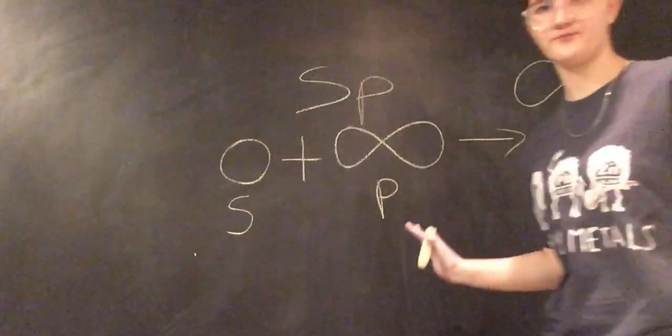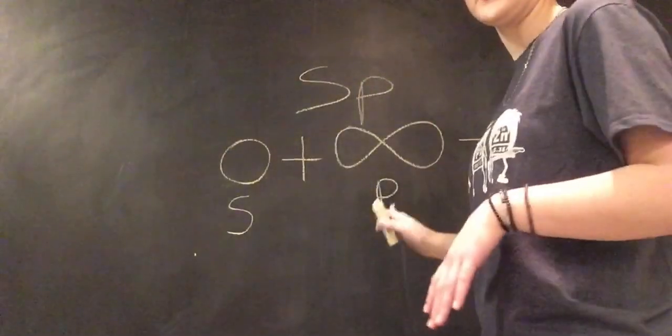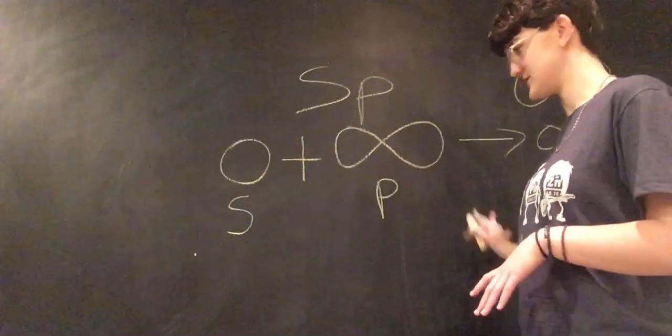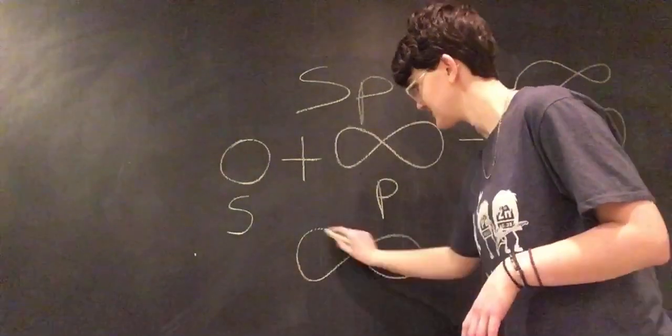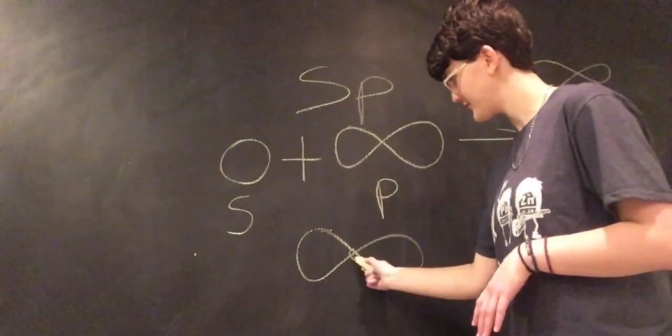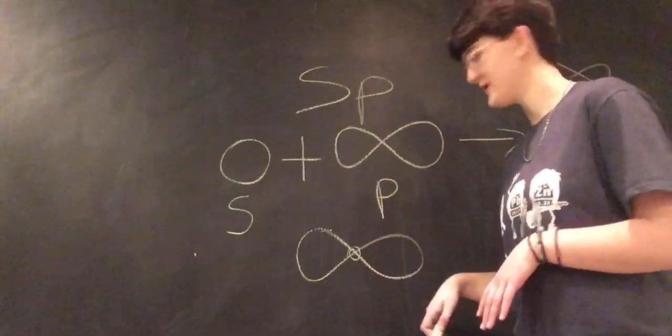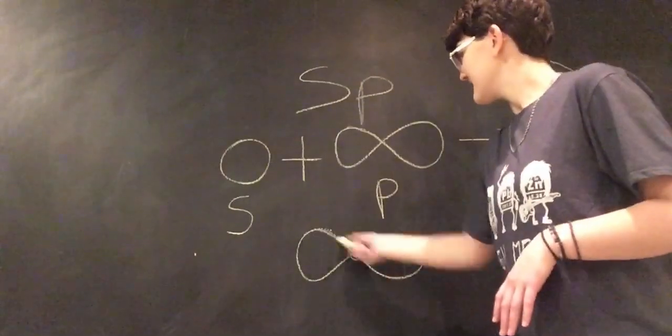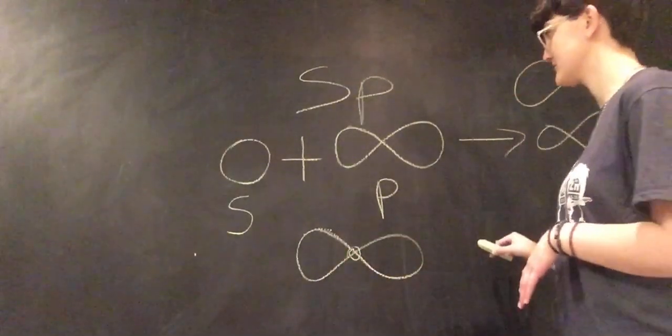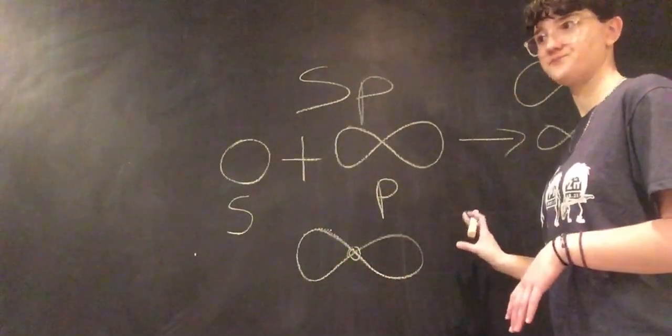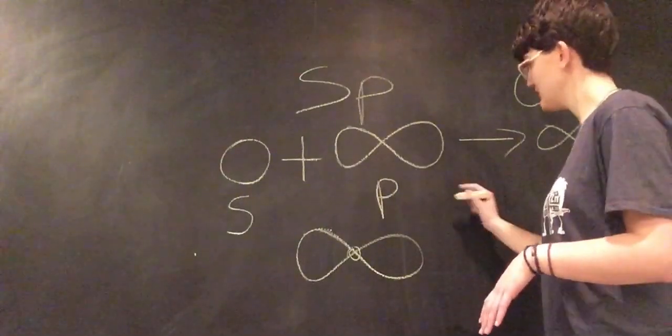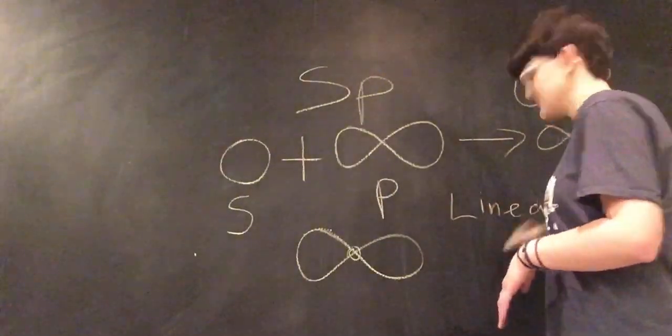And then when they are together, the two sp orbitals just look like this, with the little tiny loops being in there, kind of like a little bow. And these hybrid orbitals are only found with linear geometries.